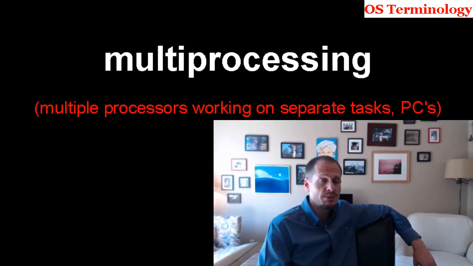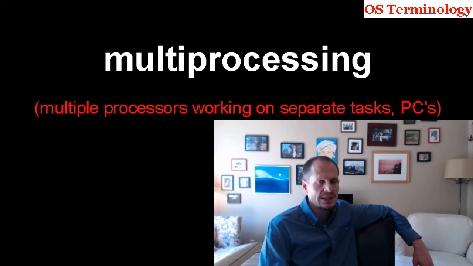Multiprocessing is if you have multiple processors, so more than one processor. And if you have multiple processors, they are working on whatever it is you have running. So multiprocessing is when you have multiple processors working on whatever tasks or applications you happen to be running.